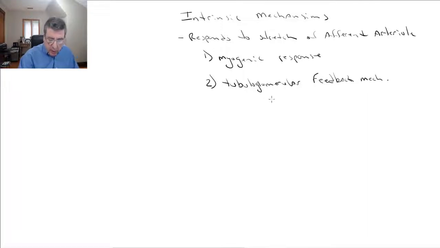Okay, and this one is going to be dealing with the juxtaglomerular apparatus on that. So first, let's look at the myogenic response, see what happens on this one more specifically.